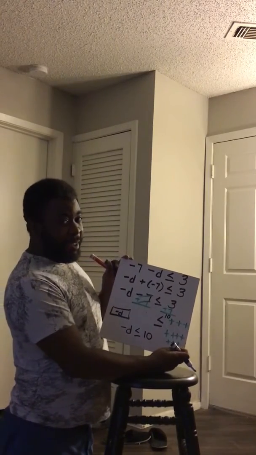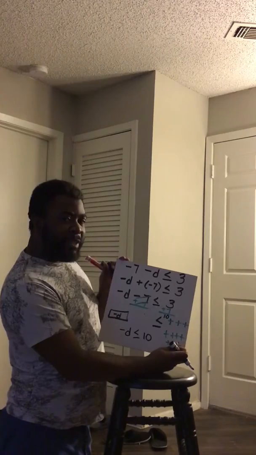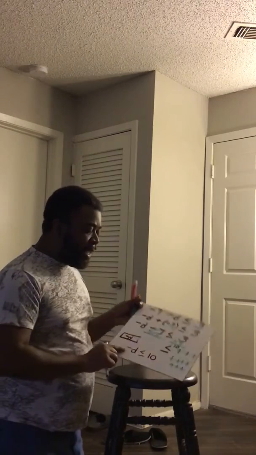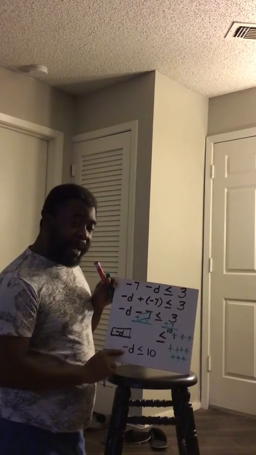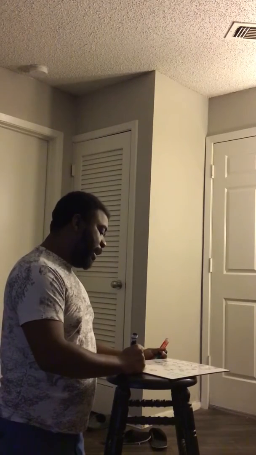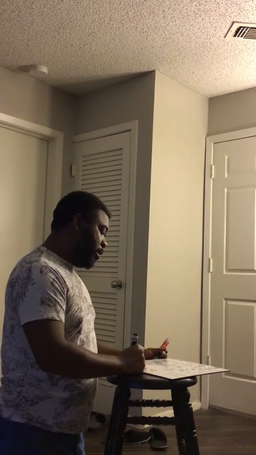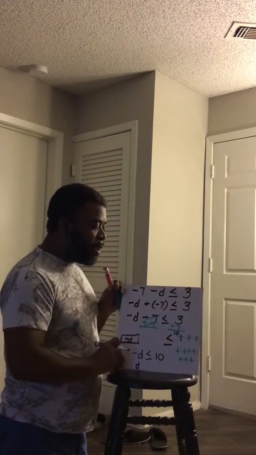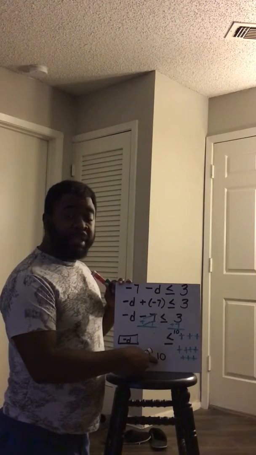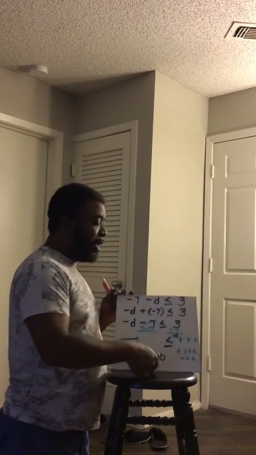We're almost done though. We can't have a negative d, remember? We have to have a positive d. So negative d is the opposite of positive d. So if I do positive d, then I have to also take the opposite of the 10, which would be negative 10.